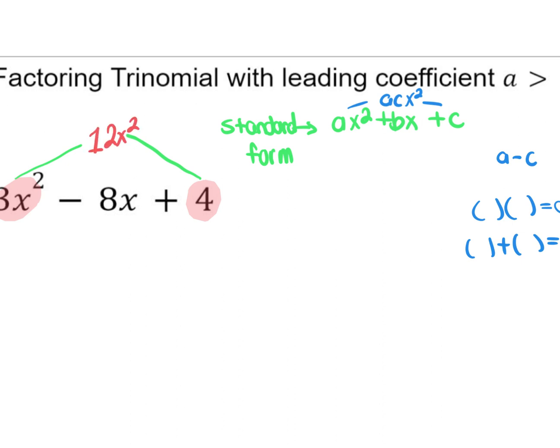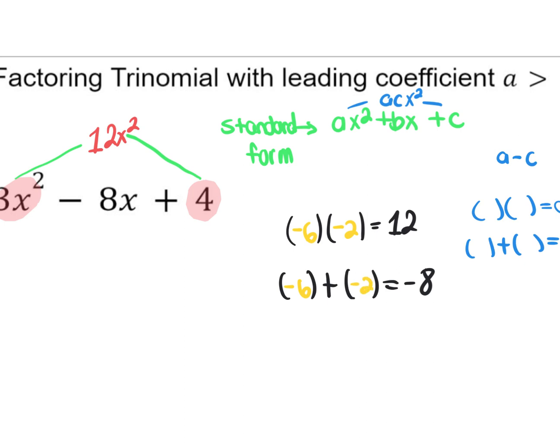So we want 2 numbers that multiply to 12 and add to negative 8. So those numbers will be negative 6 times negative 2. So negative 6 plus negative 2.